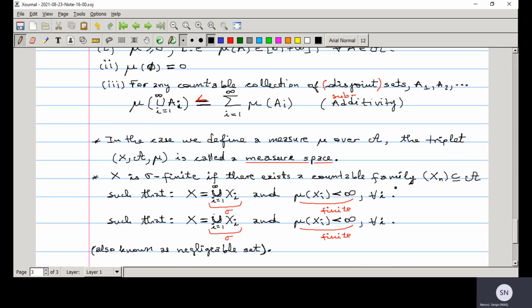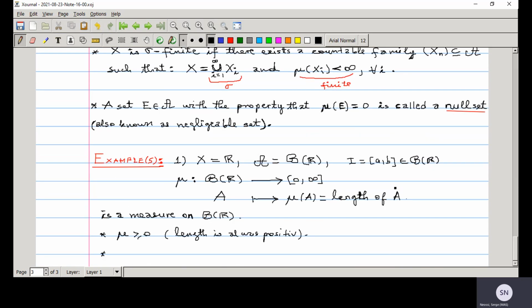Now, how do we prove that the measure of the empty set is 0? If I take the interval A, because they are all intervals, this open interval from A to A, we know that open intervals are there.